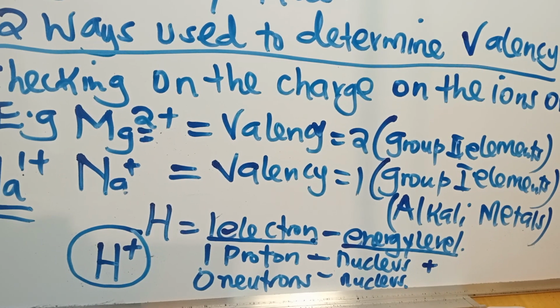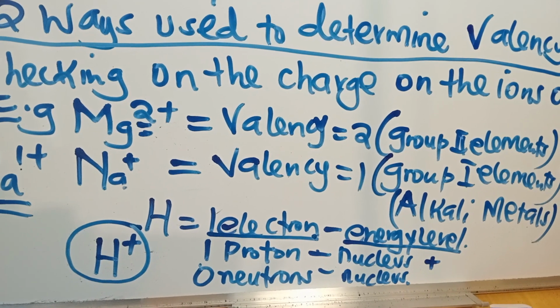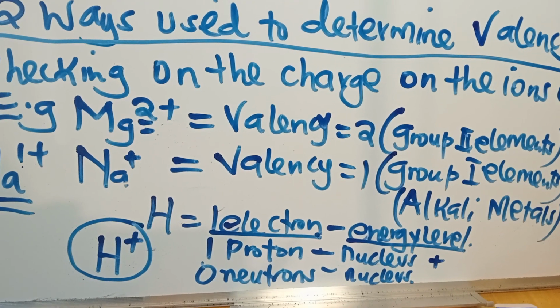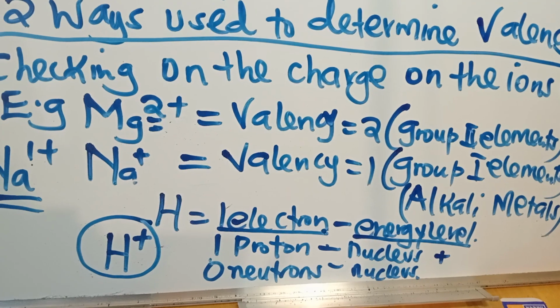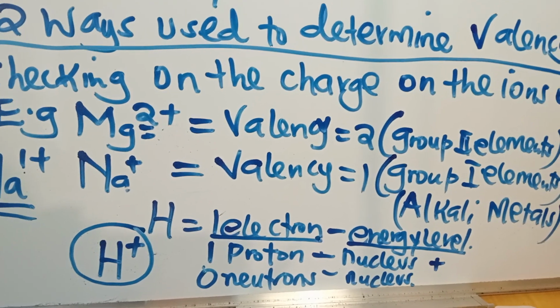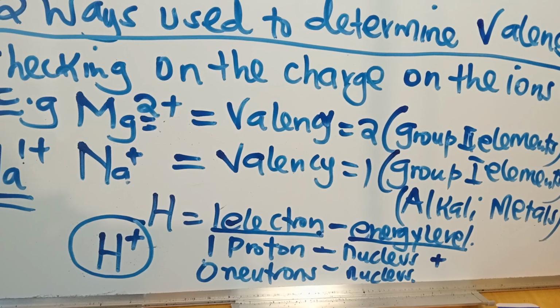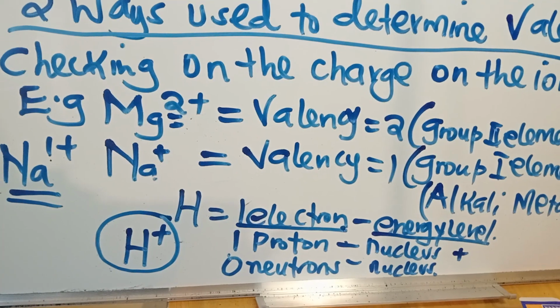So hydrogen can gain like the halogen, so it will gain 1, and when it gains 1, it will now be behaving like a group 7 element. If it loses the only one electron that it had, it will behave like the alkali metals, the group 1 metals, and that time it will be referred to as a proton.